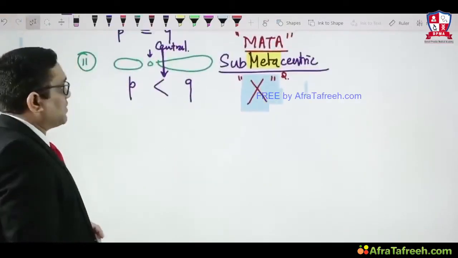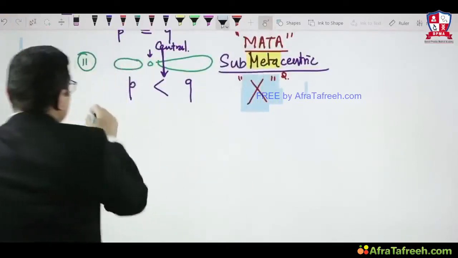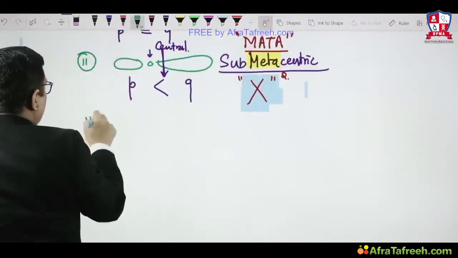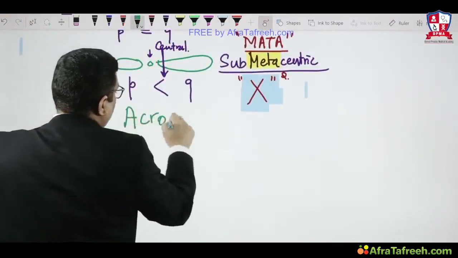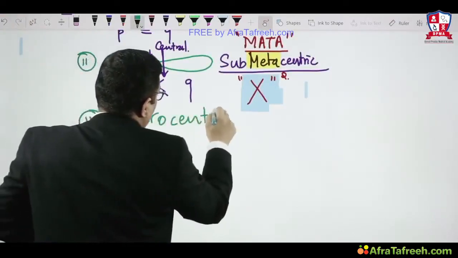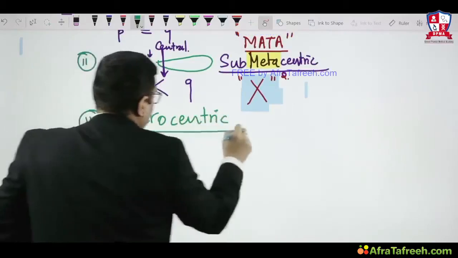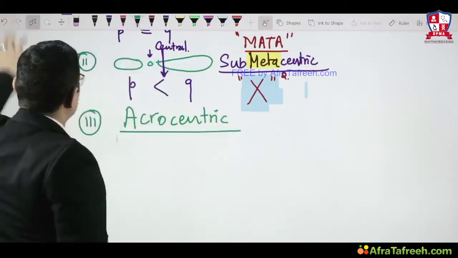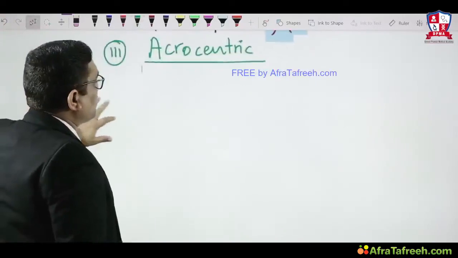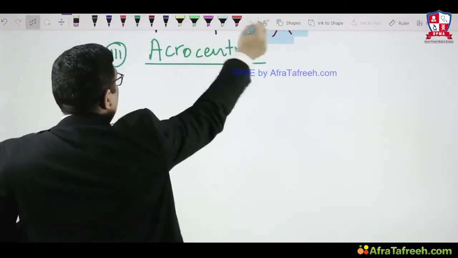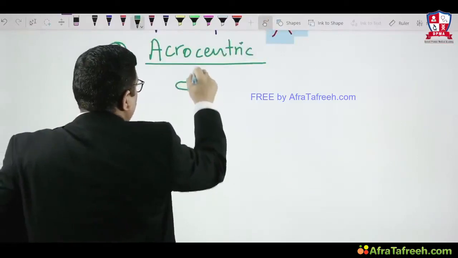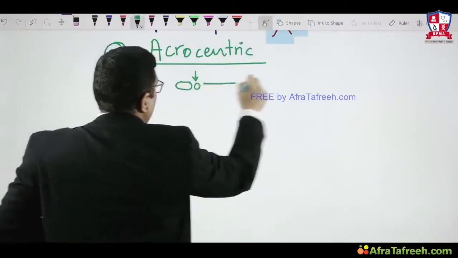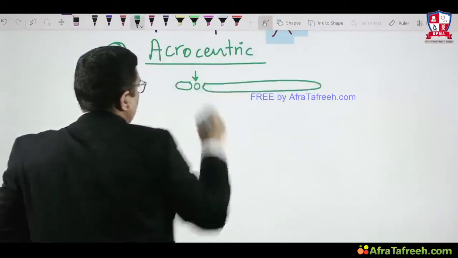So this is the second type of chromosome. The third category of chromosome is the acrocentric chromosome. When you see how it looks, in an acrocentric chromosome one arm will be very short, the centromere will be at one end, and the long arm will be very long.